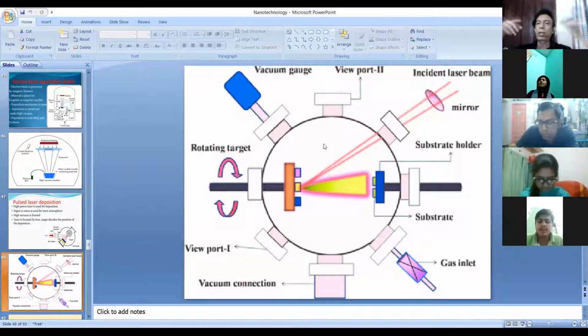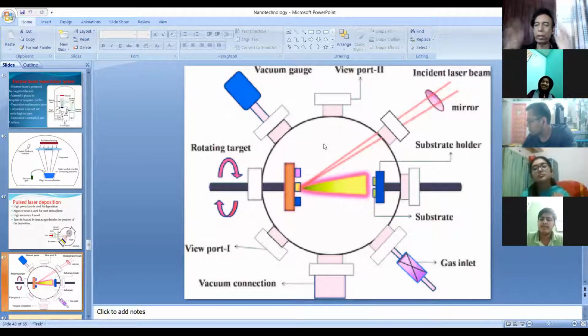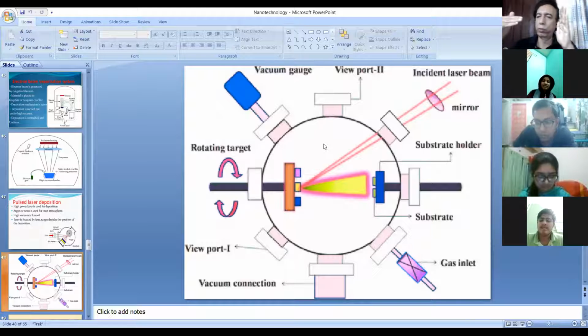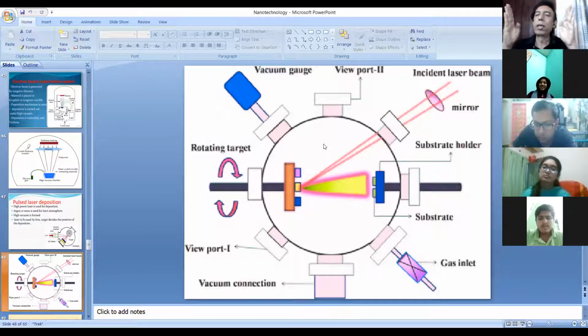They move here and there and they collide with each other. This is the kinetic theory. And what is the mean free path? Mean free path means the path a gaseous molecule travels before collision. A gaseous molecule travels from here to here before collision. Then the mean free path is from here to here.